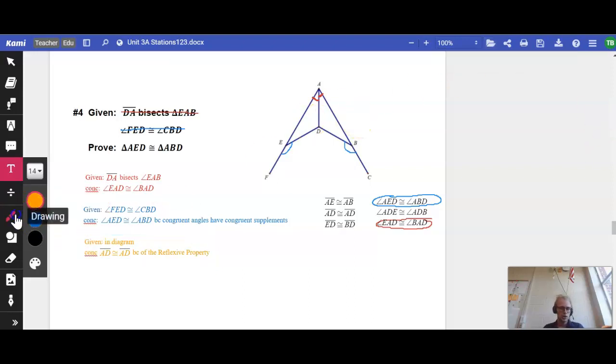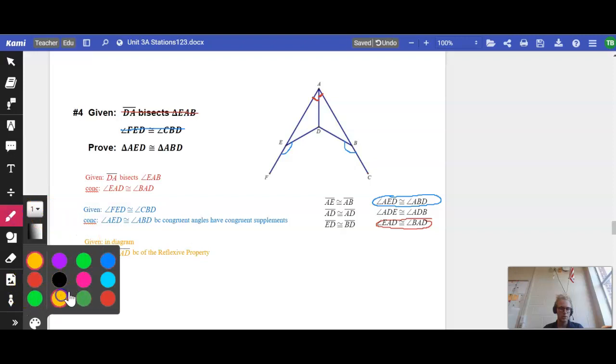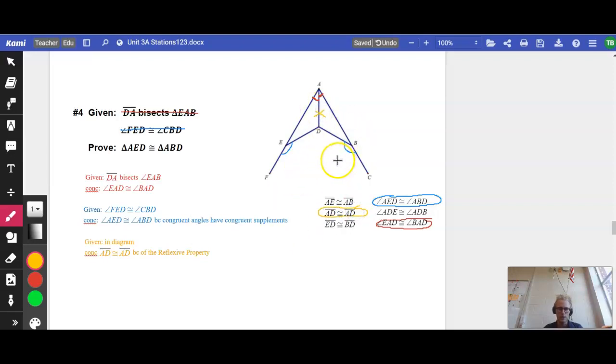Sweet. So using my pen tool, I'm going to go yellow. It's a little bit different. Hopefully you guys don't get mad. So that one is congruent and that one is congruent.